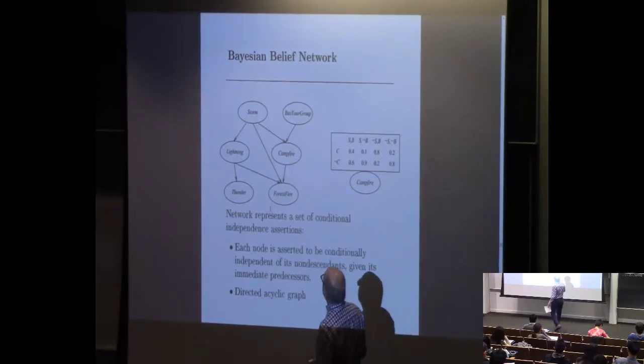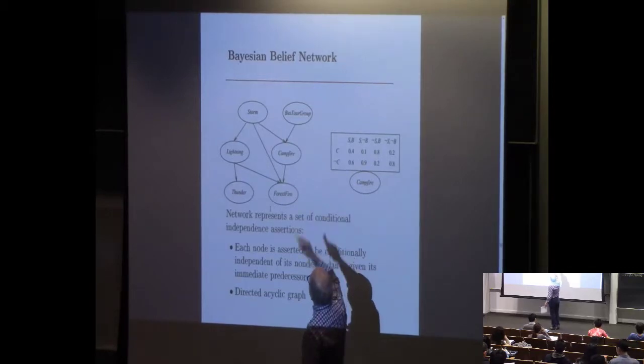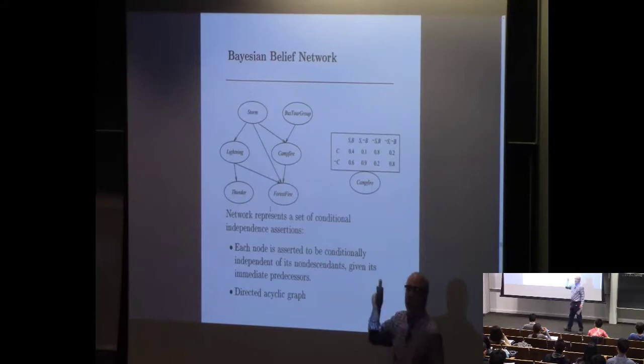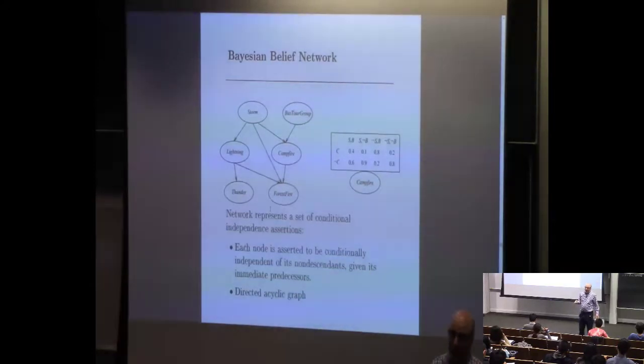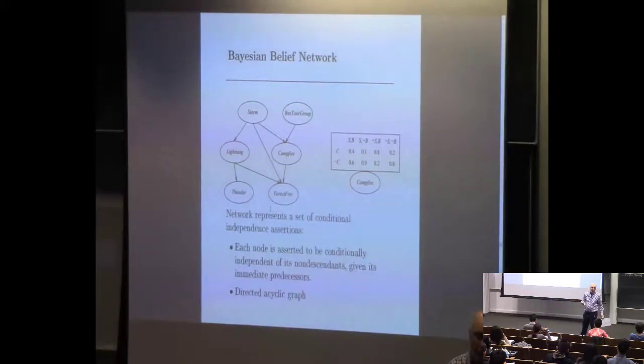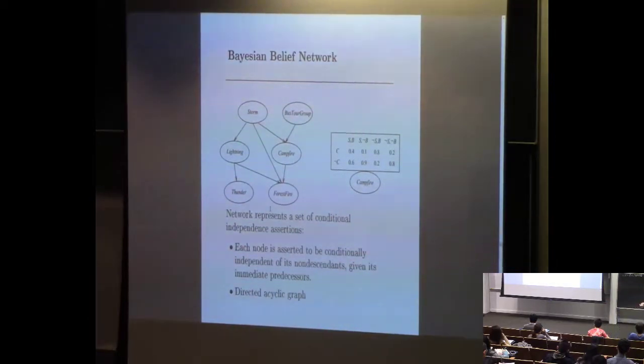Take bus tour group. Bus tour group, when conditioned on its parents, which are its parents? The null set. So when conditioned on the null set, in other words, when not conditioned, it is independent of all of its non-descendants, which are all the nodes except campfire and forest fire, and so forth.